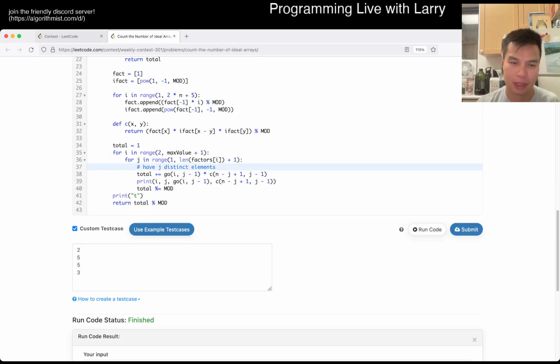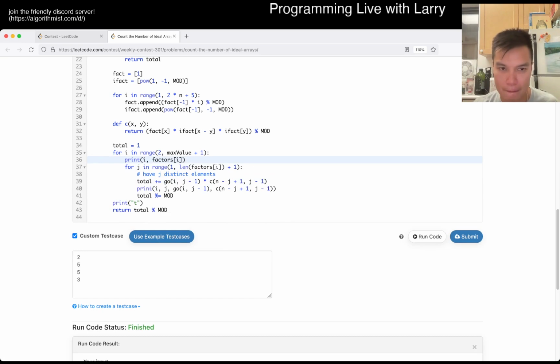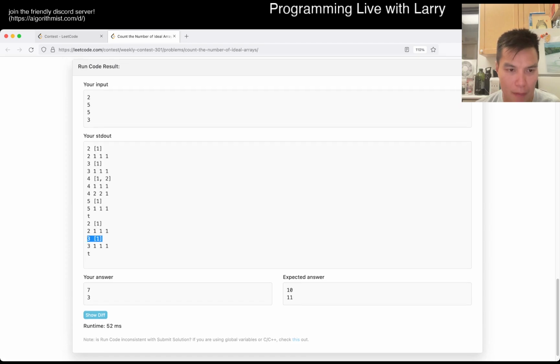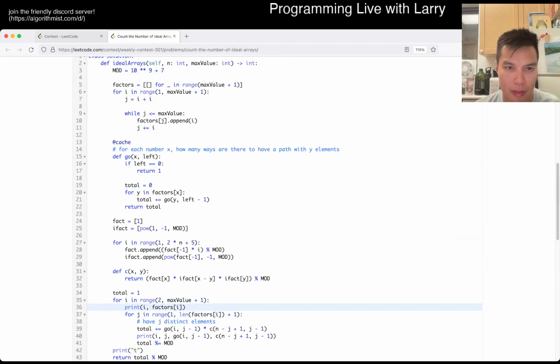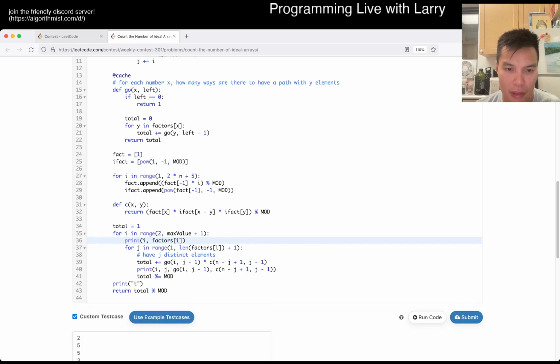Alright, let's print it out. What am I doing? The factors of i. Oh, it doesn't have itself. So then it thinks that this is just 2, so it only has 1.